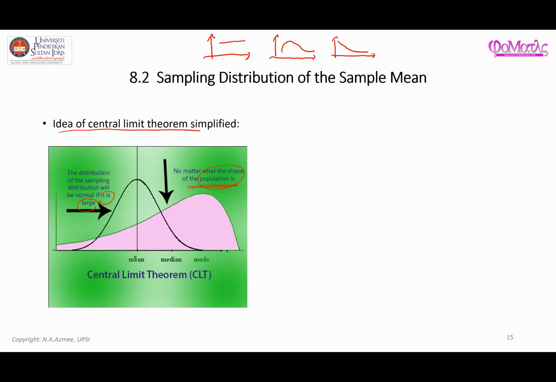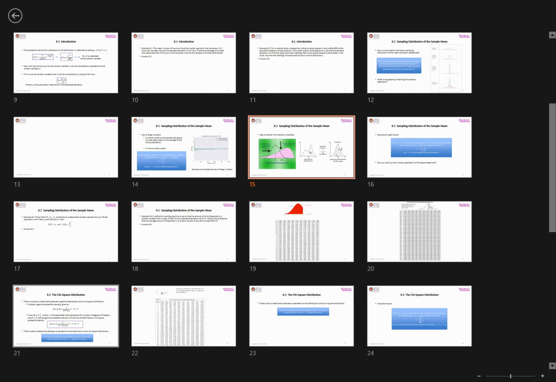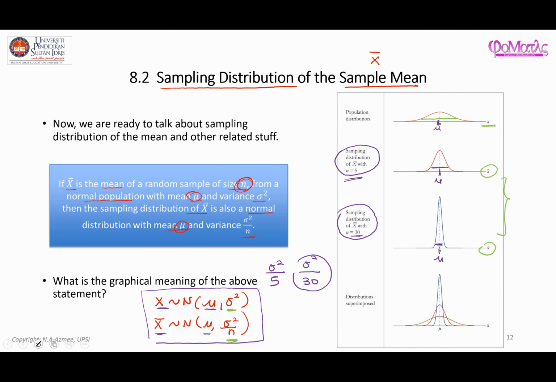So here is the difference between this case and what you have seen in the first case. Case 1 is when the population distribution is normal.